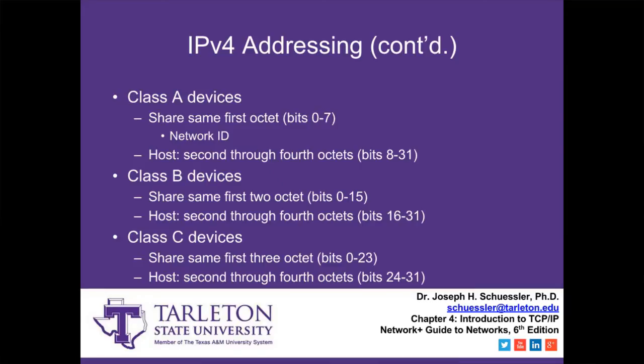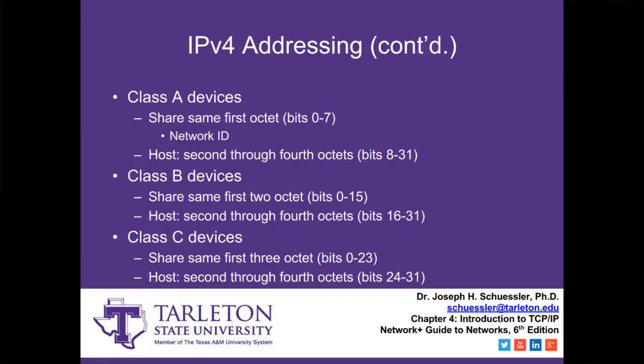So Class A devices, they're going to share that same first octet, bits 0 through 7. So that's 8 bits, and those first 8 bits represent the network ID. That network ID says, if that network ID is the same for 2 computers, that means you're on the same segment. You're able to actually talk to each other.